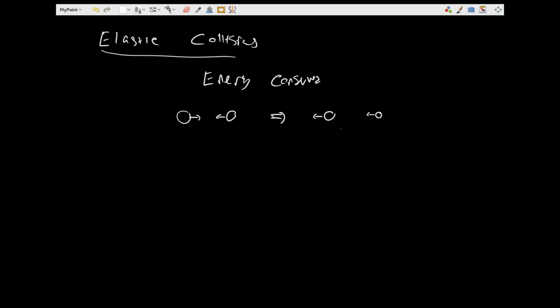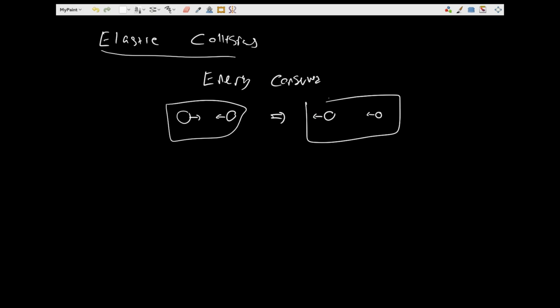They're not moving together. And they could be moving in the same direction. In this case, I think it'd probably be more likely if there's the same mass, then these would start moving in the opposite direction. But energy is conserved, so our total kinetic energy here is the same as the total kinetic energy here.